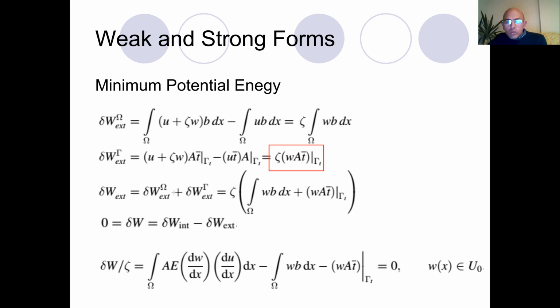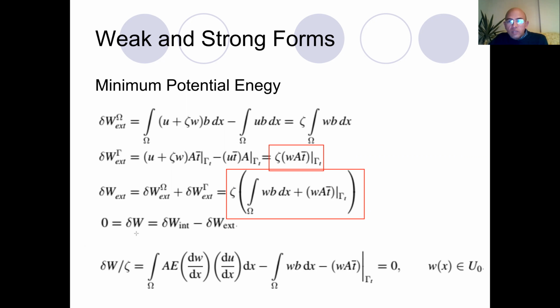Now combining all these, the variation of the work done by the external loads can be written in the expression: wb dx plus w area multiplied by t bar.